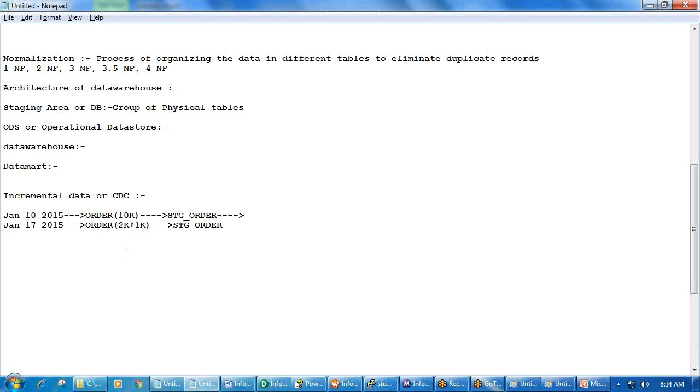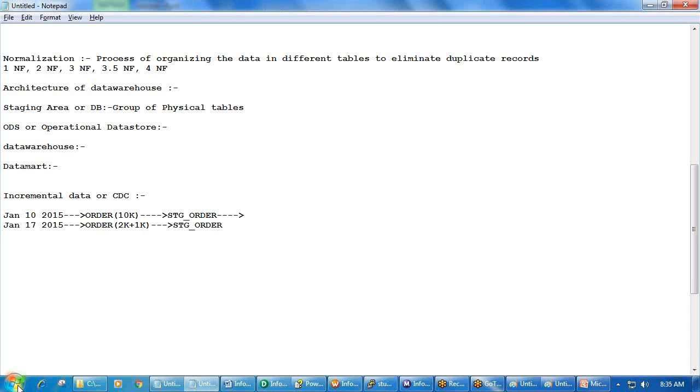So how much data is modified from January 10th to 17th? 1K is modified. What is the total set of new records then? Total records, how many?